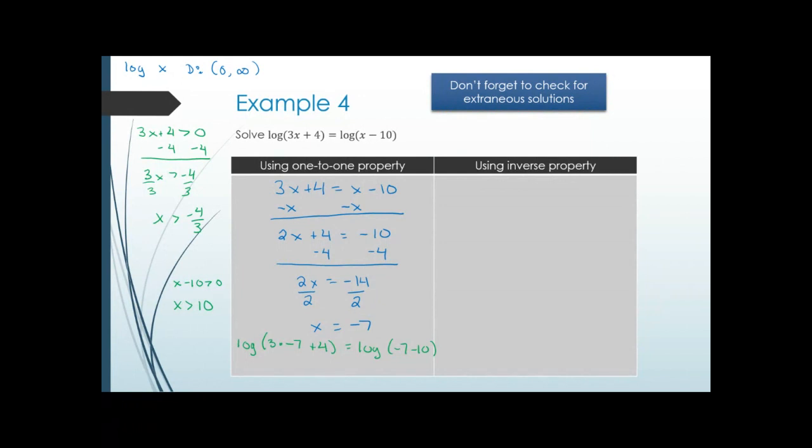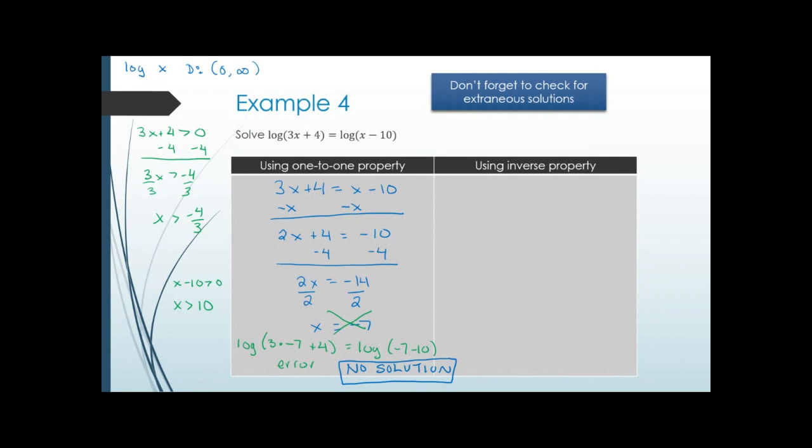The log of negative 17, if you do this on your calculator, is error, because it says domain error, because it's not in the domain. And so because we have an error, that means this is an extraneous solution, and so we have no solution here. So you need to double check, because sometimes you get things that have no solution.